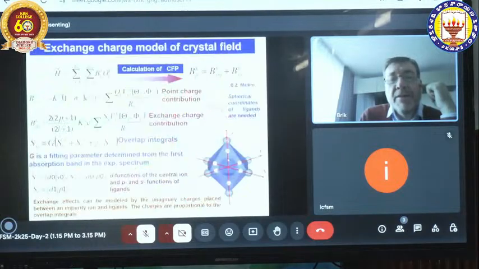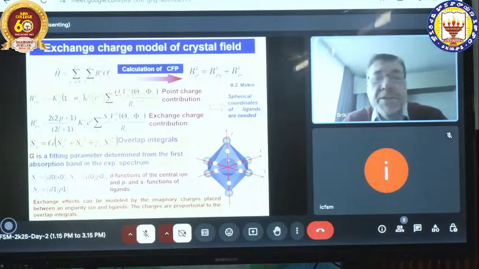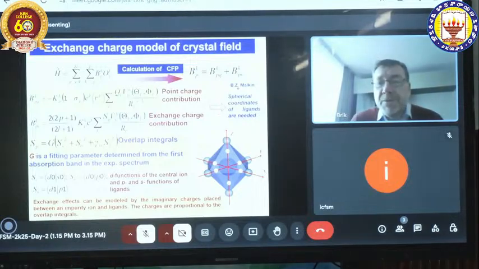Okay, and then here I simply show the set of equations which have been used in the framework of the so-called exchange charge model of crystal field. I will not go into details, but just mention that if we know the structure of the material, we can get it from X-ray diffraction data.